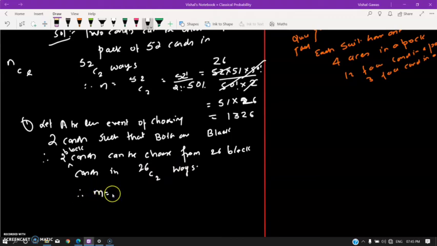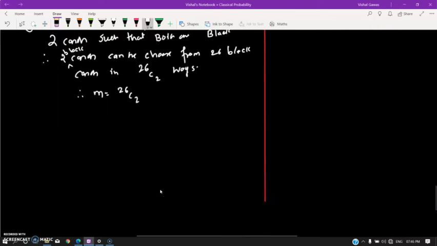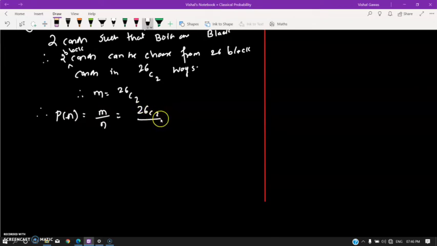Therefore, my m becomes 26C2. So what is the probability? The probability of A would be m over n, which is 26C2 over 52C2.